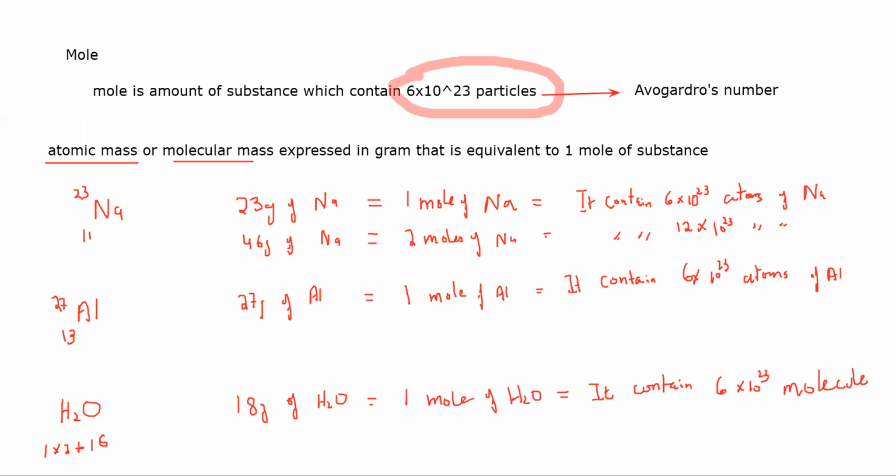So if you have 1 mole of any gas, because the gases occupy a space as well, they don't have fixed volume. But if you have 1 mole of any gas at standard temperature and pressure, standard temperature is 25 degrees centigrade or 298 Kelvin, and pressure 1 atm or 100,000 Pascal.